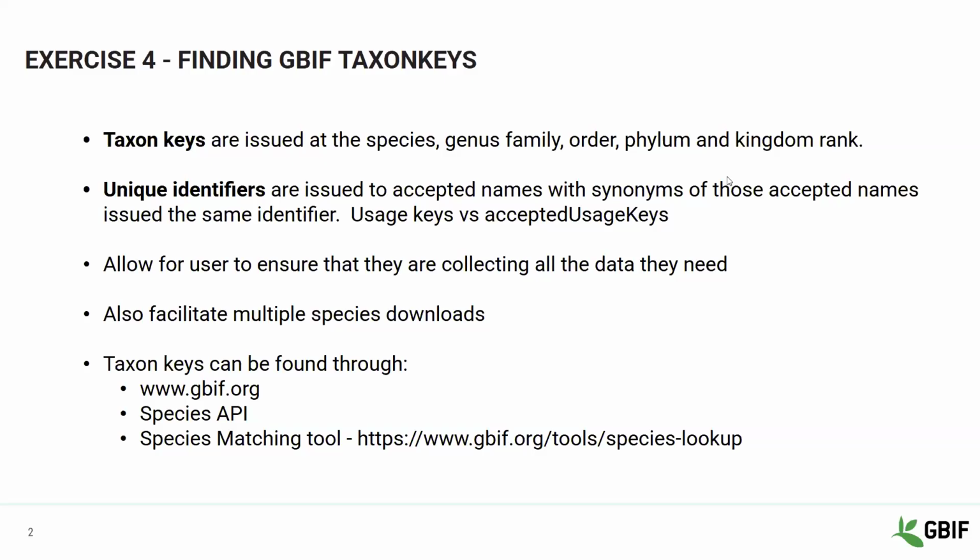Some concepts: taxon keys are issued for every taxonomic entity, that is species, genus, family, order, and so on. These are unique identifiers issued for every accepted name, and synonyms are linked using the accepted usage keys.